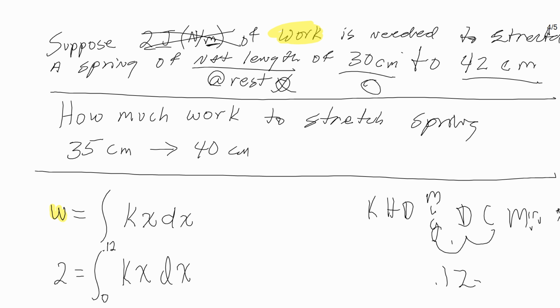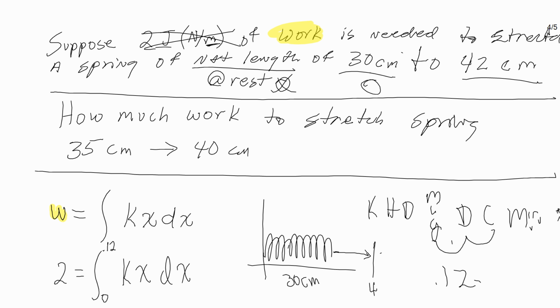All right, look. There's your wall. Your spring is how long? 30 centimeters. That's the spring. And it's being stretched to what? 42 centimeters. Okay? What is this spot right here? That's rest.